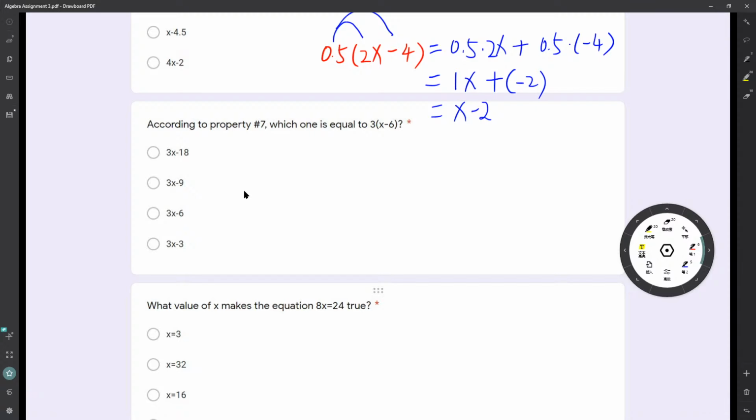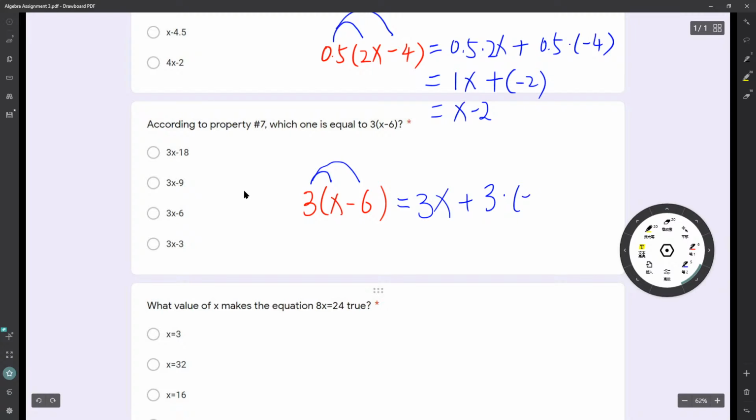Which one is equal to? Again, we are practicing unpacking. This is an important skill. The number outside is multiplied by each number inside, and then we add up. So this is 3 times x, and then 3 times negative 6, which is negative 18.